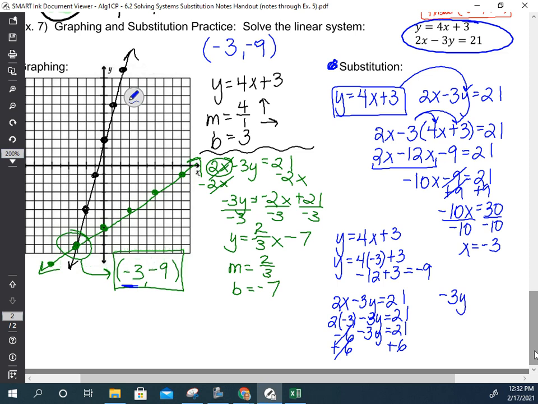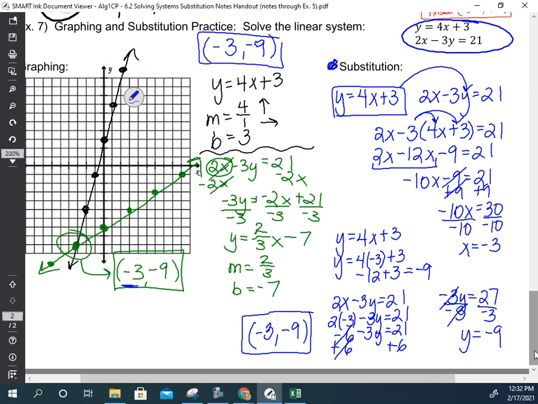You get negative 3y equals 27. Divided by negative 3. You still get negative 9. So your answer is still negative 3, negative 9. So either way it goes, that's the answer you get, period.